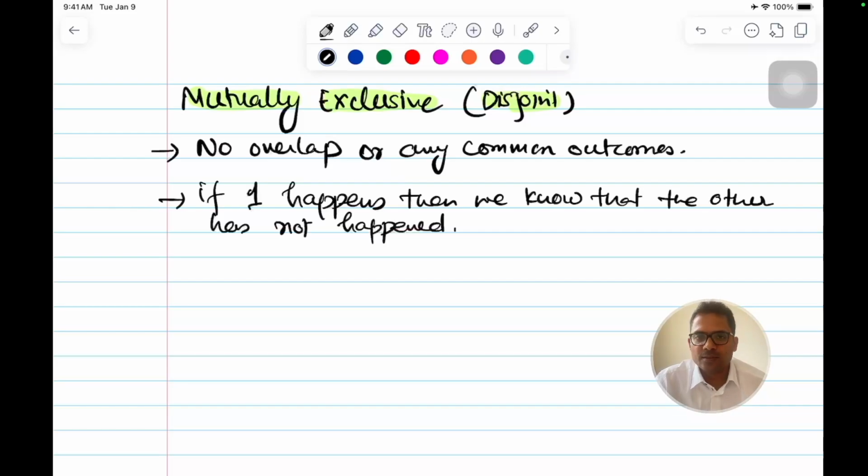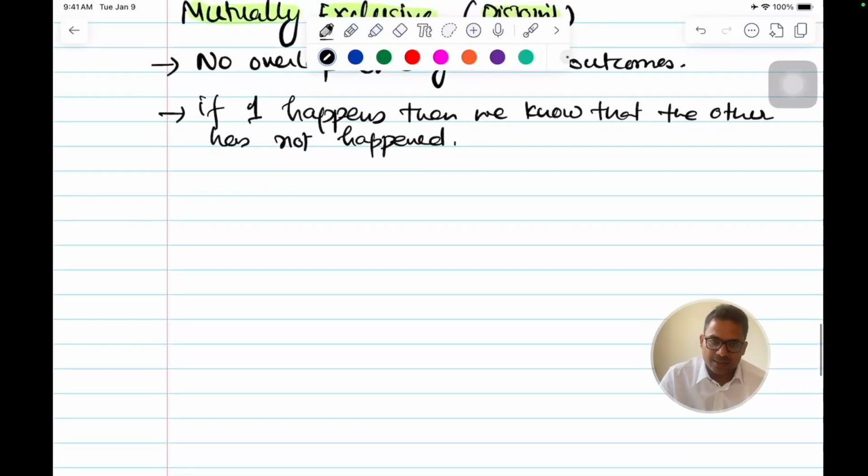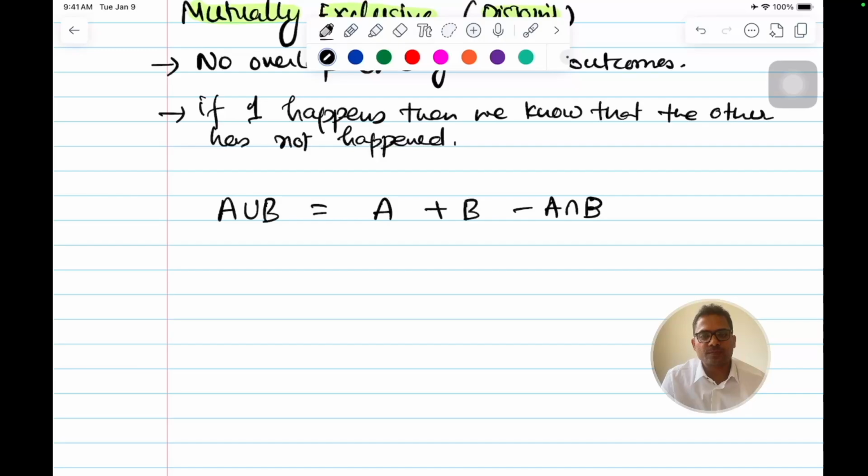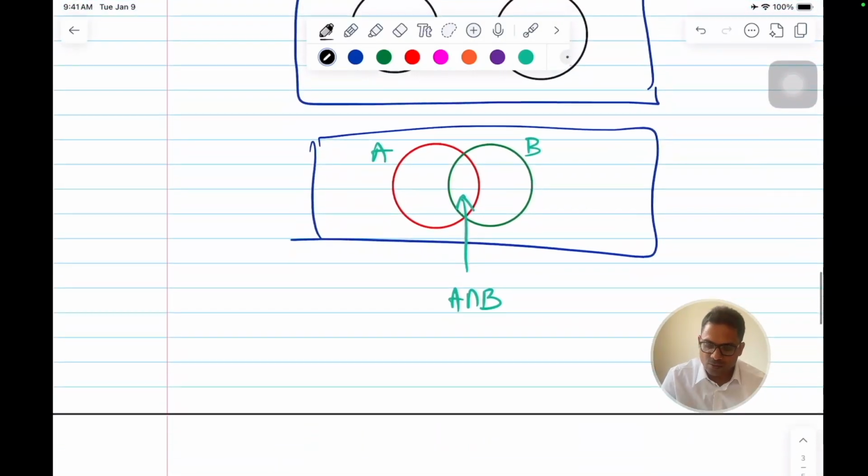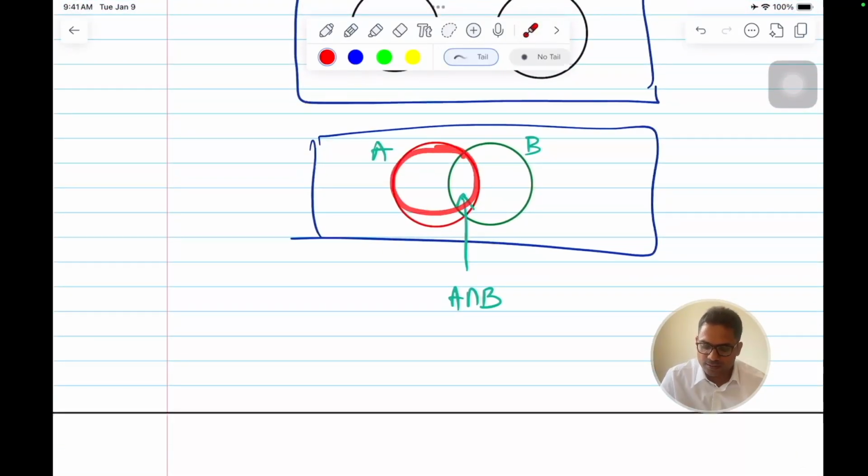Okay, so let's understand it from the perspective of set theory. We say A union B is equal to A plus B minus A intersection B. I hope you know how this comes.